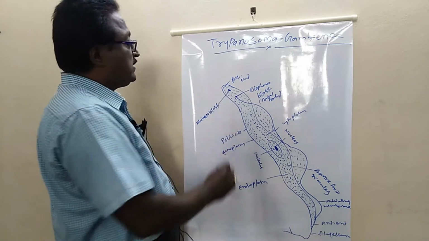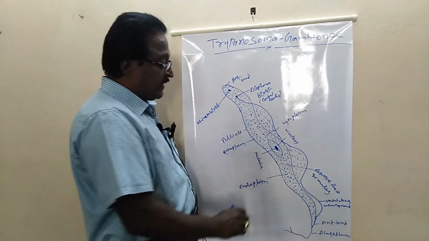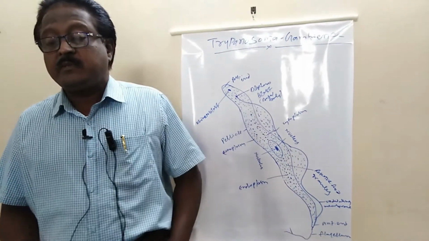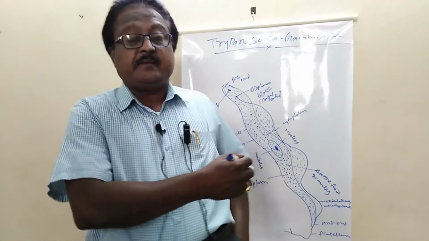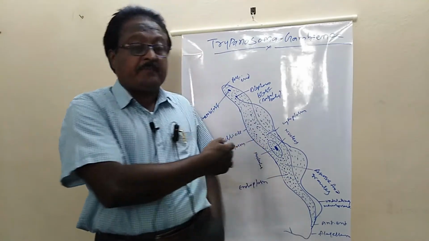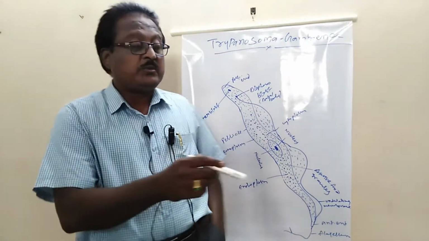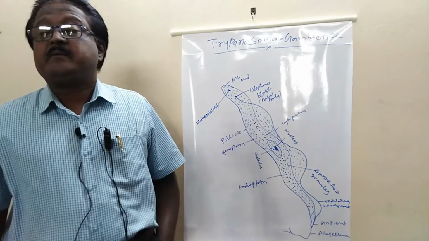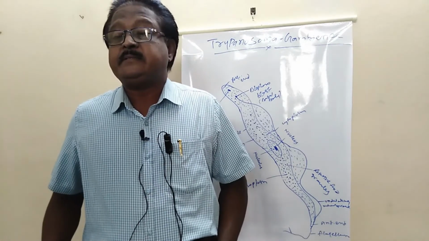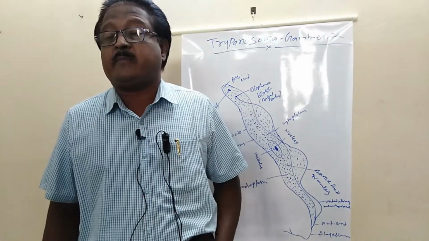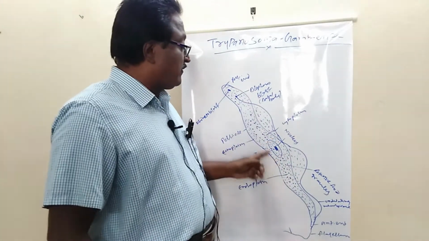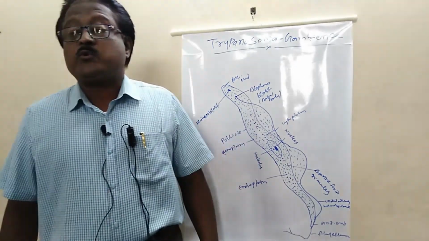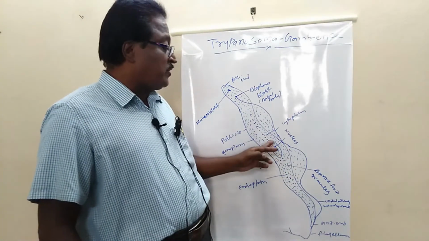Then there is the kinetoplast. In this parasite, the nucleus is situated in the middle portion of the body, and it is covered by the nuclear membrane, which is the outer covering, and also filled with nucleoplasm.